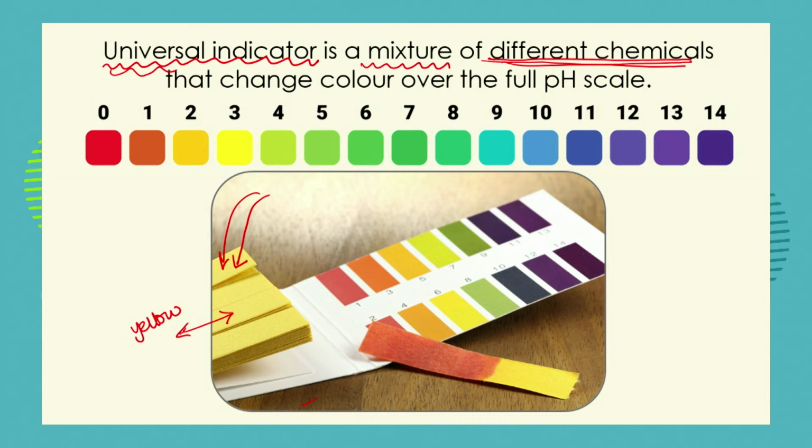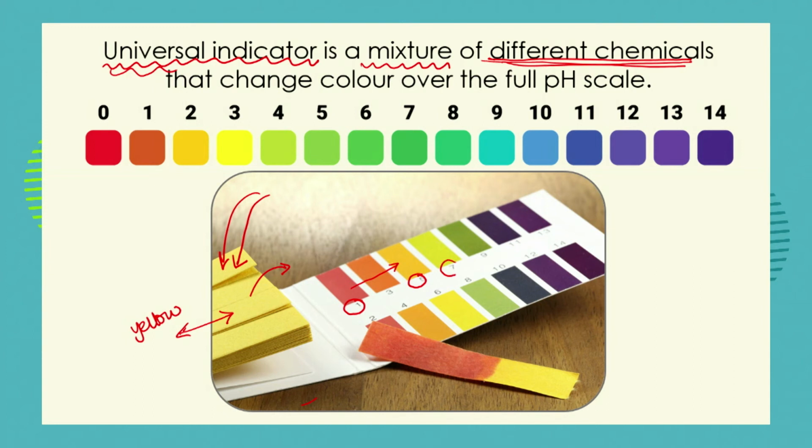If we put the indicator paper in something that is very acidic, it will turn red. Slightly less acidic, it's going to move from red to orange to yellow.